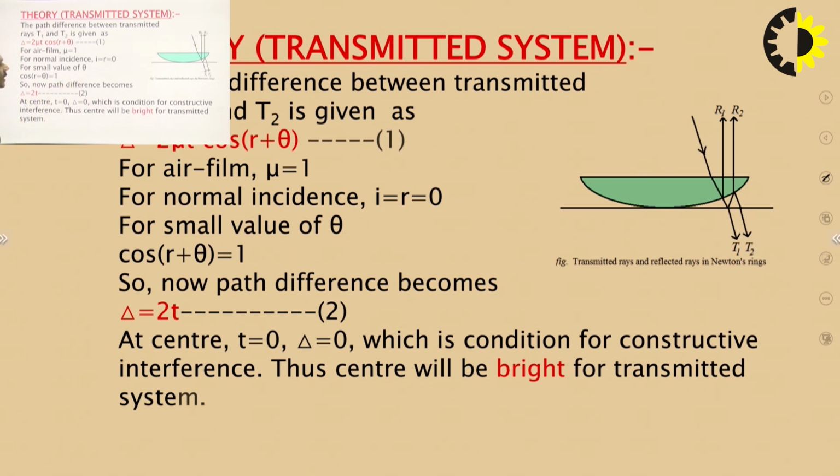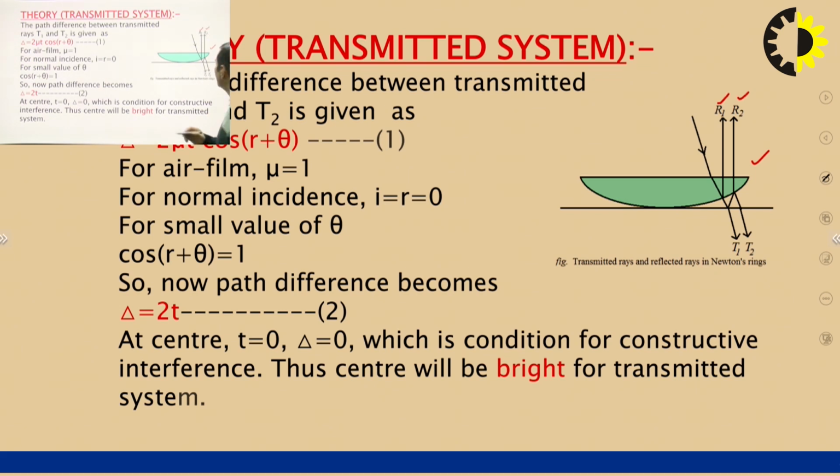So this is the ray diagram here. Here you can see R1 and R2 are the reflected rays, and T1 and T2 are the transmitted rays. To see how the rings are formed in the transmitted system, first of all we have to find the path difference between the transmitted rays T1 and T2.